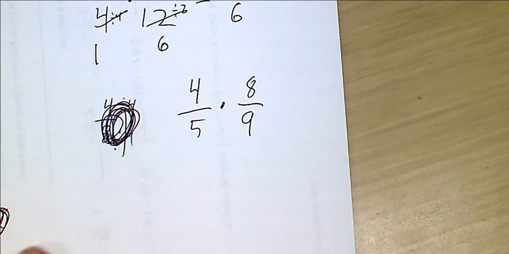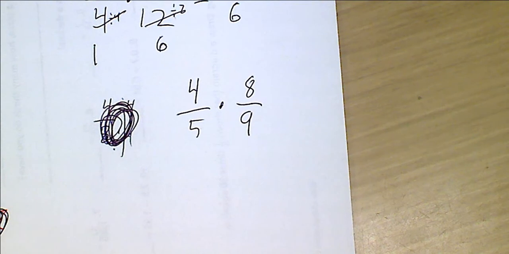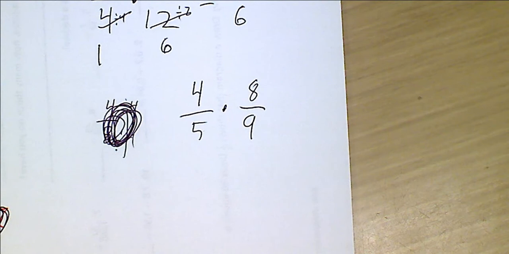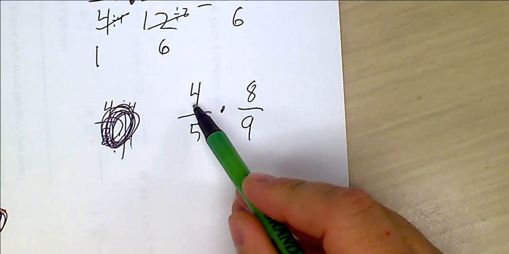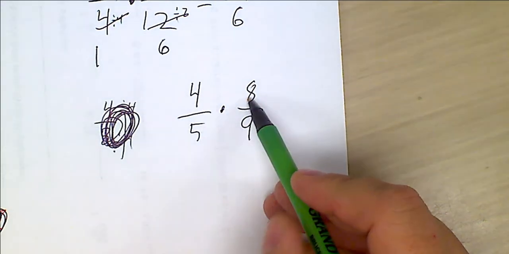Your 8 and 9? 8 and 9 doesn't simplify. Most students would say the 4 and the 8. Here's the problem with that way of thinking. I told you it only works if you simplify something on top with something on the bottom. Those are both on top. So I cannot go top to top. I can't divide this and divide this.